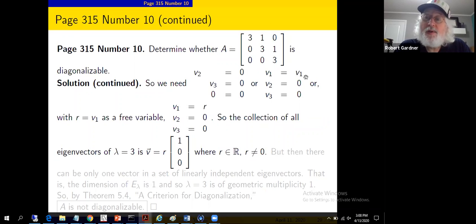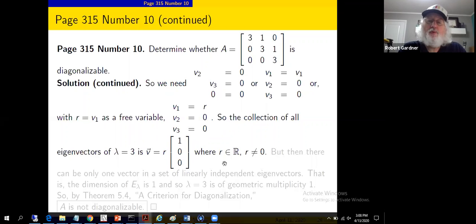Or v1 equals, I don't know anything about v1, so v1 equals v1. v2 and v3 are 0. Let r equals v1 be a free variable, produces this. I didn't know v2 and v3, but v1 could be anything. And so for the eigenvectors associated with lambda equals 3, we get vectors of this form.